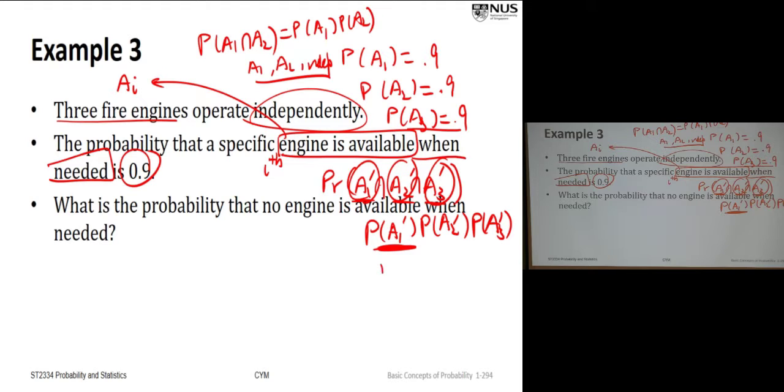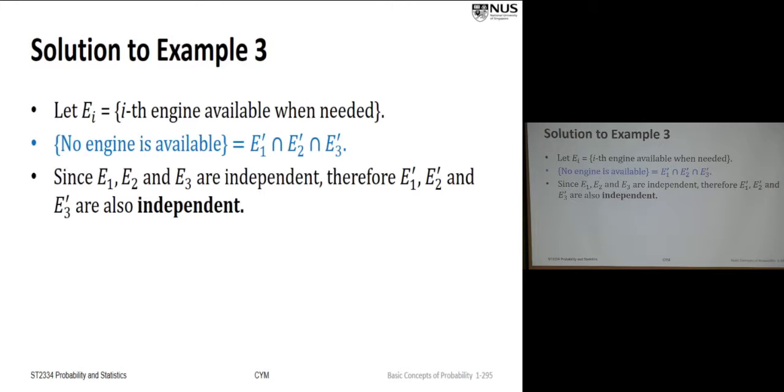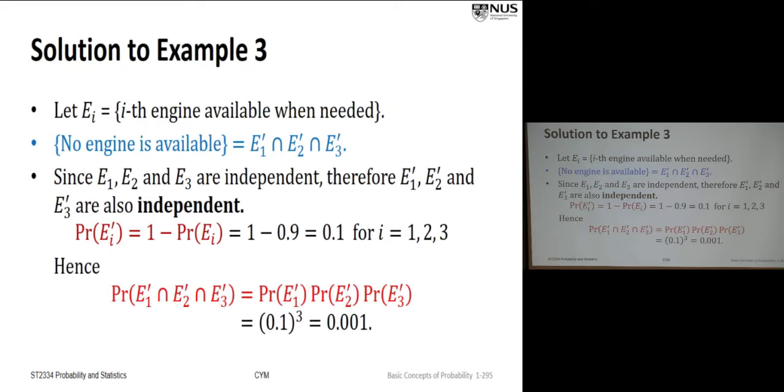It is just 1 minus 0.9, and 1 minus 0.9. You multiply them, so you get 0.001. So that is the probability of none of the machines being available.